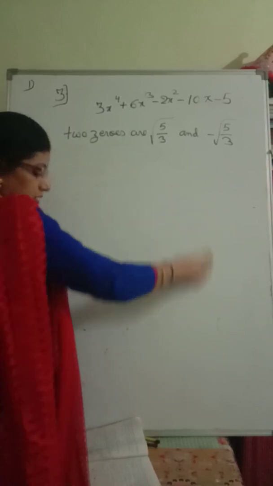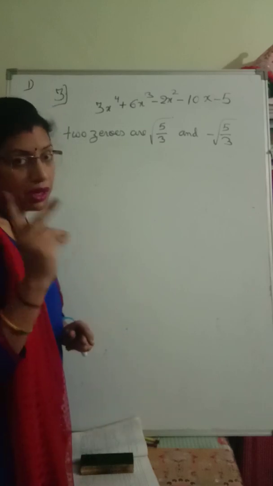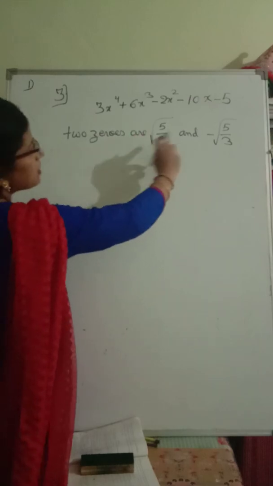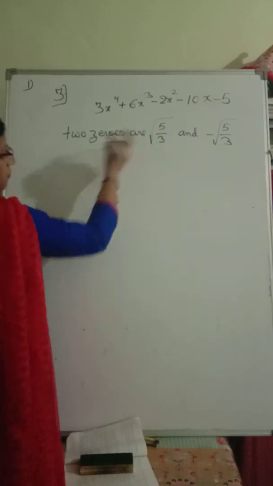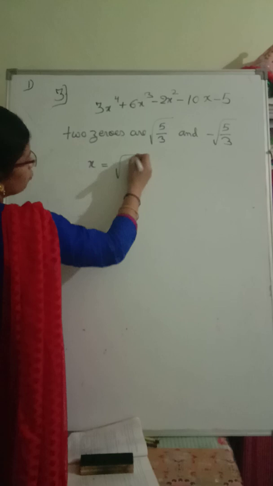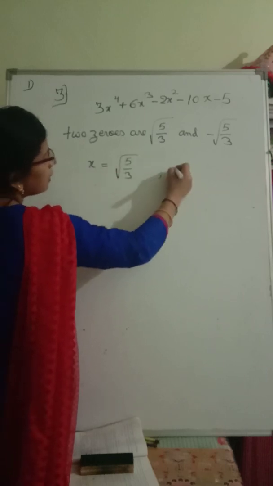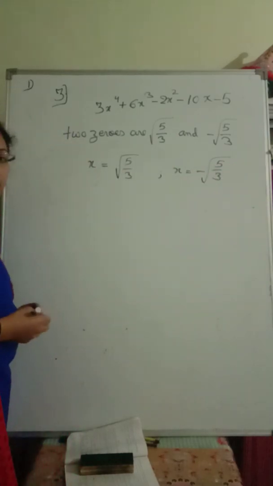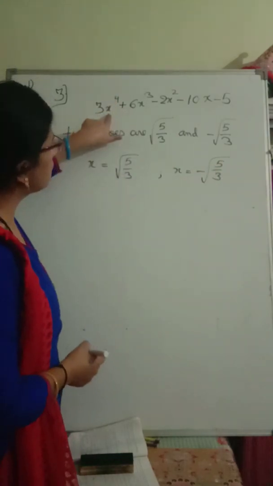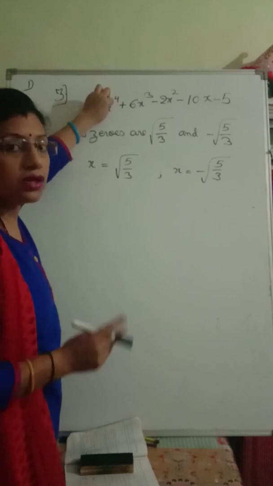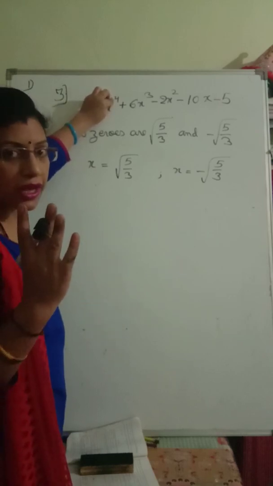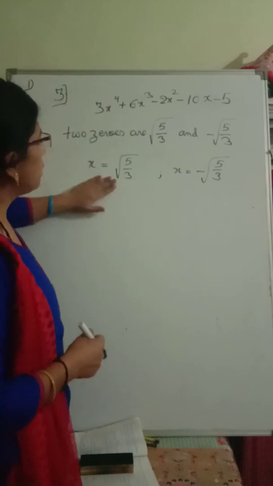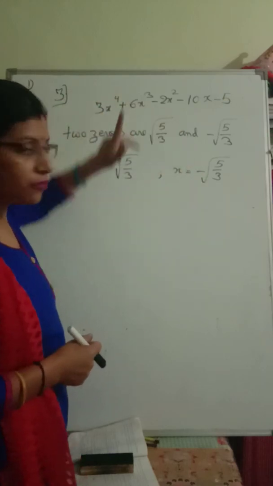A factor means if you divide a polynomial by its factor, the remainder should be 0. You know that. So if these are the zeros, the value of x is root 5 upon 3 and the second value of x is minus root 5 upon 3. And we want two more zeros because the degree of this polynomial is 4. I told you it will have at most 4 zeros, because as much as the degree, that many zeros the polynomial has. So 2 are given to you, the rest 2 you have to find yourself.